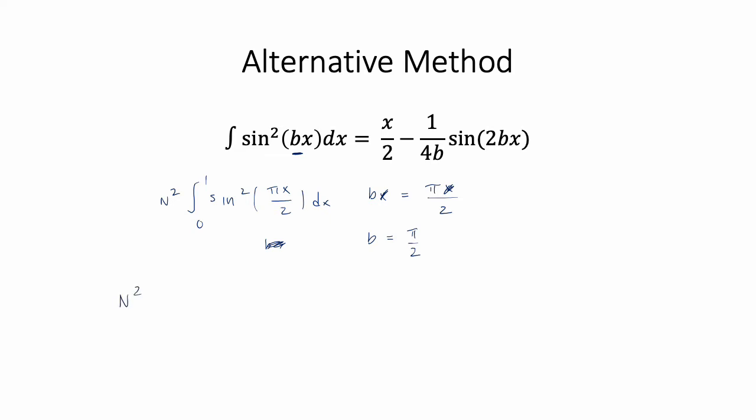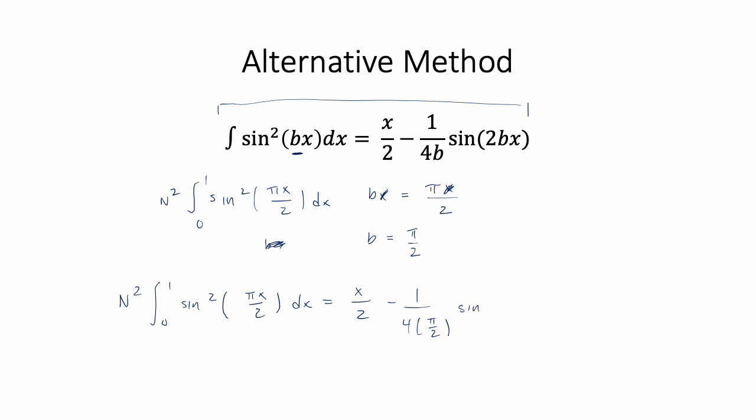So using this expression to evaluate the integral, I would get that my integral is equal to x halves minus 1 over 4 times pi halves times sine of 2 pi halves x, evaluated from 0 to 1.